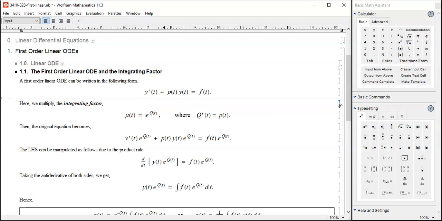And once you have that integrating factor, e to the q power, what I'm going to do next is to multiply this to both sides of the original standard form of the equation and distribute it around like this. Can I do this? Yes, I can. I can always multiply any non-zero number to any equation and distribute around.